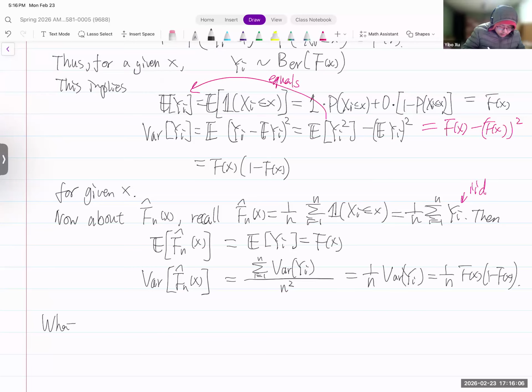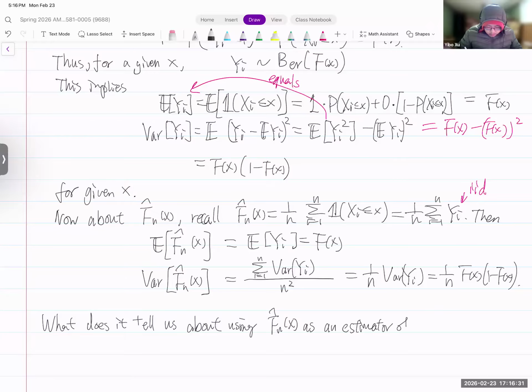So what does it tell us about using EDF as an approximator and as an estimator of CDF?